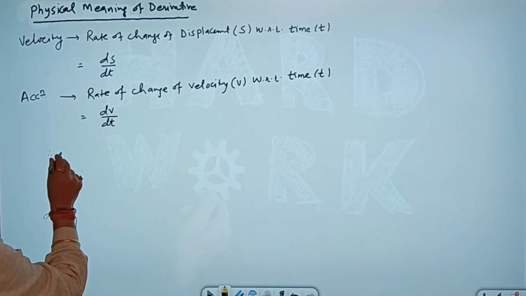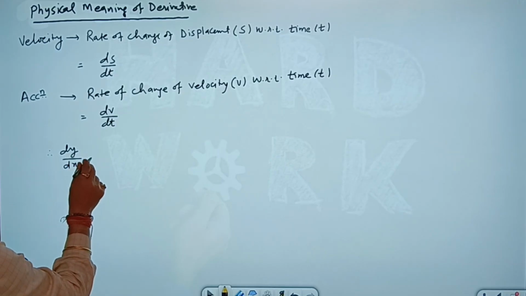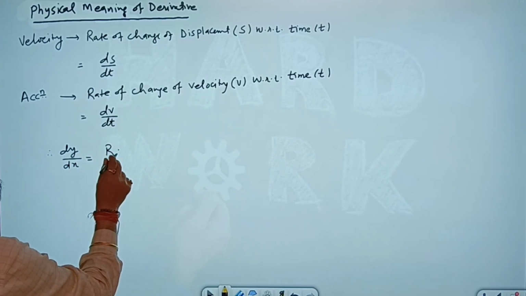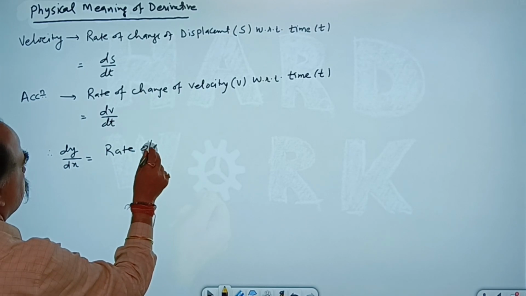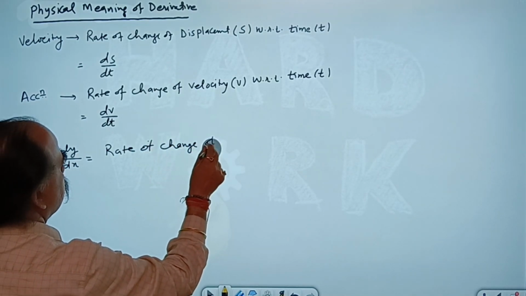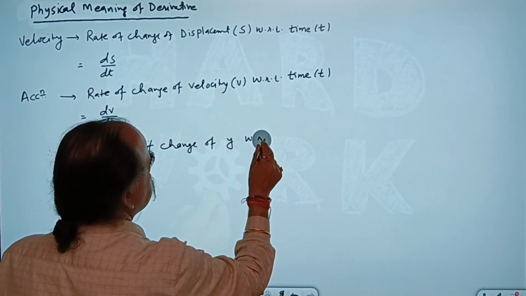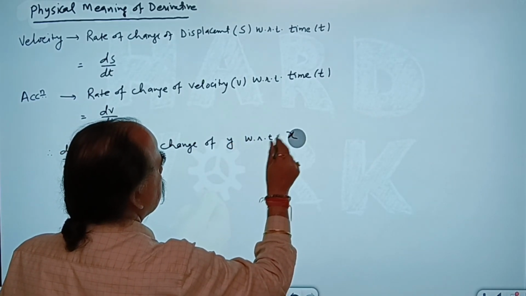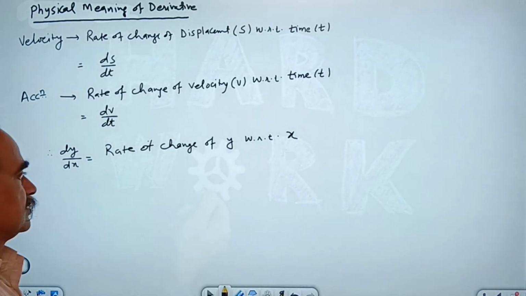Therefore, what is dy by dx? Rate of change of y with respect to x. So according to physics, the meaning of derivative is rate of change.